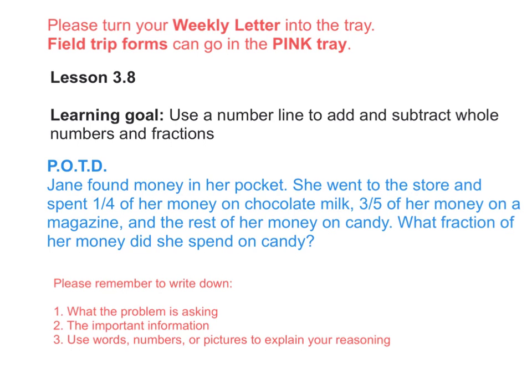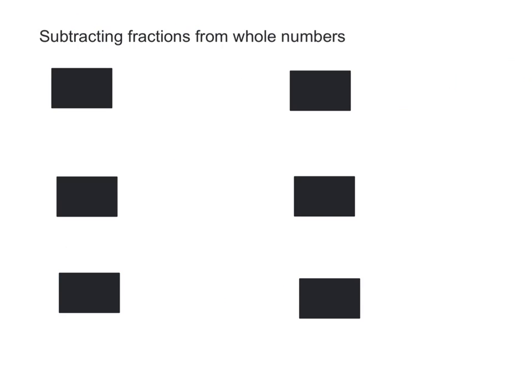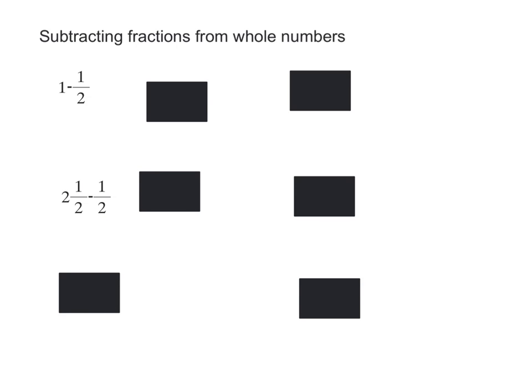But first, let's talk about the problem of the day. I'm going to show you a whole number, and I'm going to take away a fraction from it, and you guys will tell me what's left, okay? For example, if I have 1 and I take away 1/2, how much is left? 1/2. Good. If I have 2 and 1/2 and I take away 1/2, how much is left? 2, yeah.